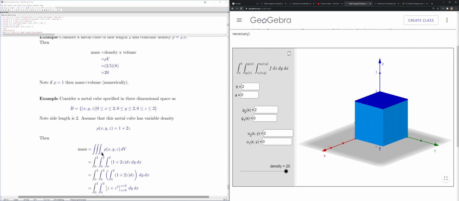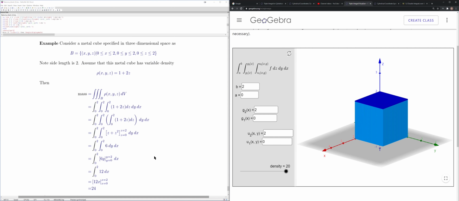In this case for your triple integrals, remember, if you do a triple integral of your density function over your solid region B, then what you're getting is the mass. What I'm saying is that if your density function is just 1, then that mass is equal to the volume, just as it was over here. So I can write that down.